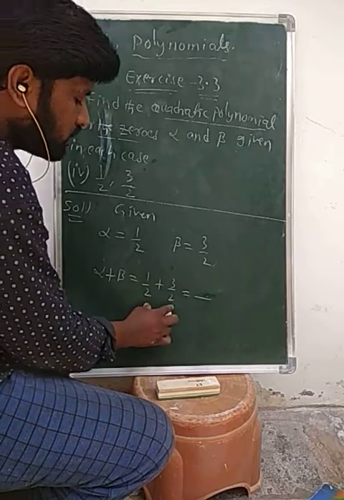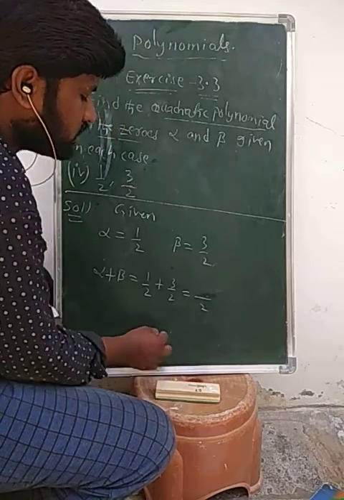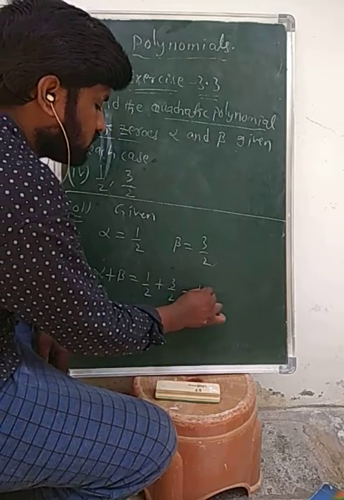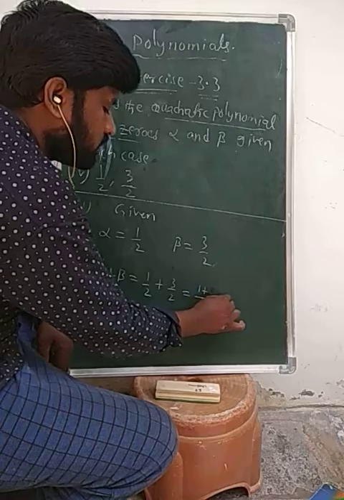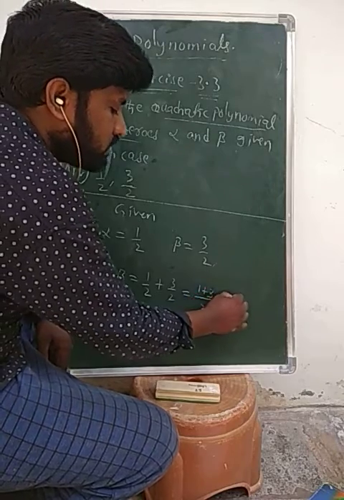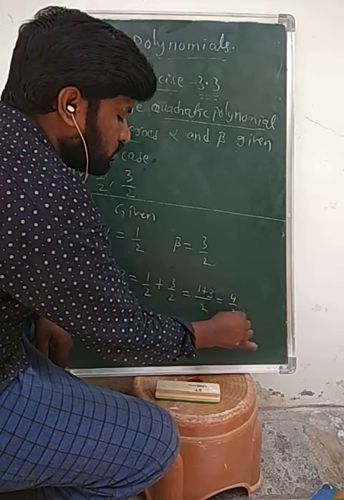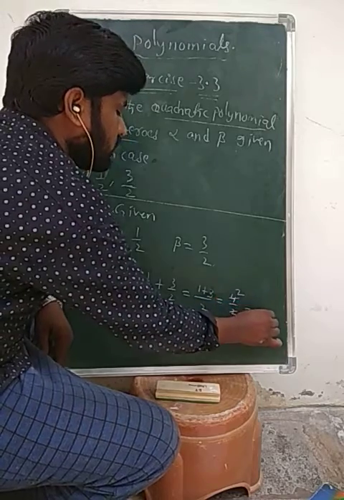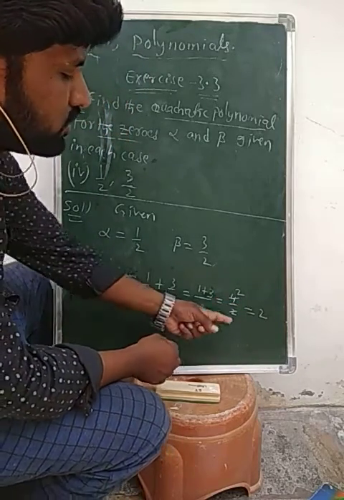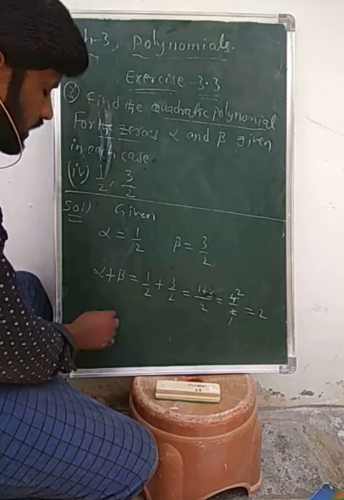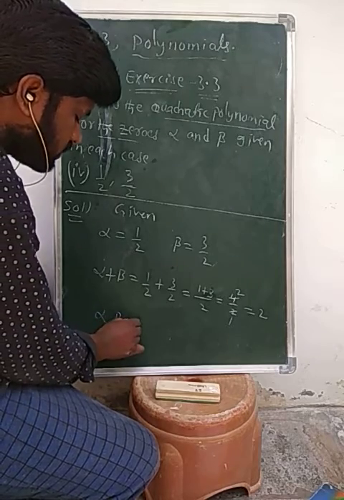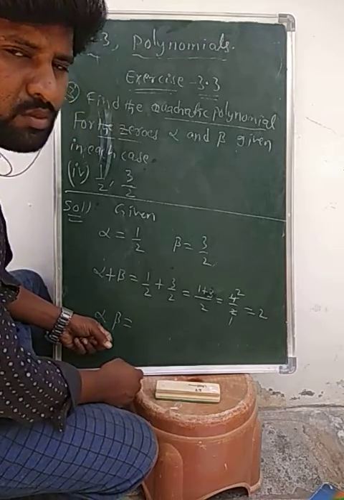The denominator is the same, so we add the numerators: 1 plus 3 is 4 by 2. 2 ones are 2, 2 twos are 4. So we get the sum of zeros is equal to 2. And the product of zeros is alpha beta.